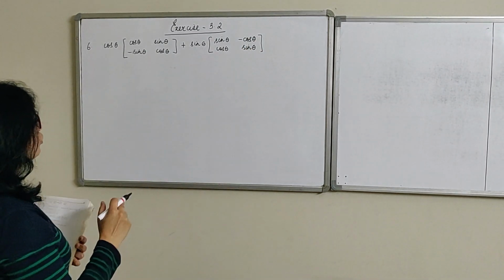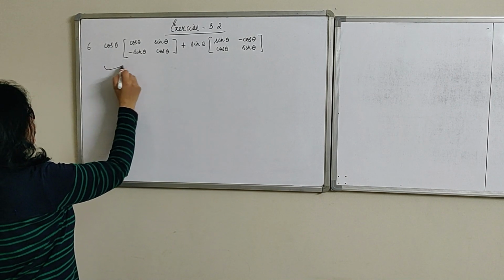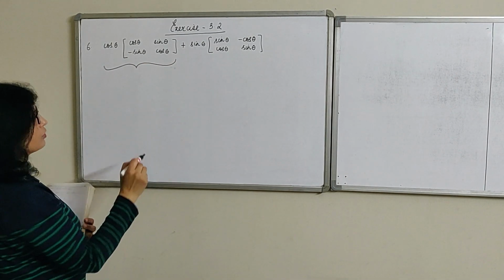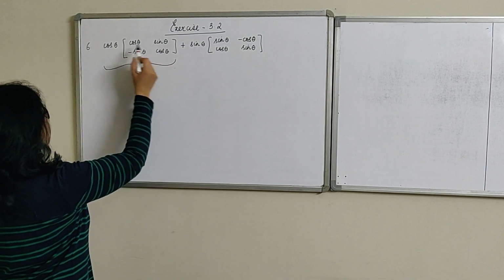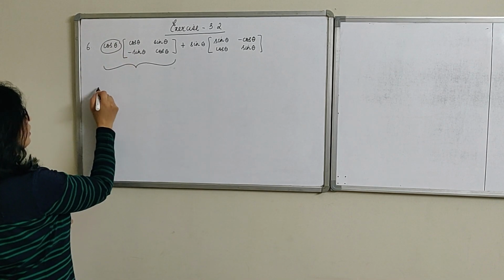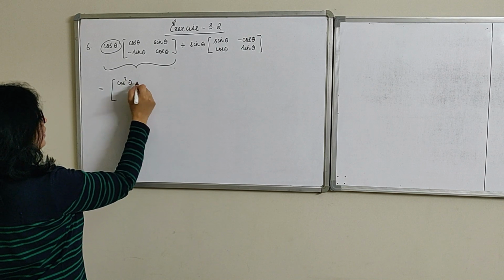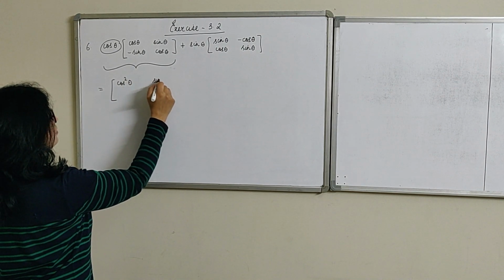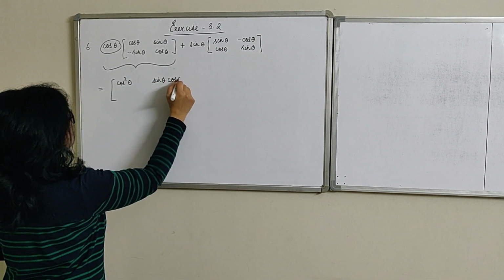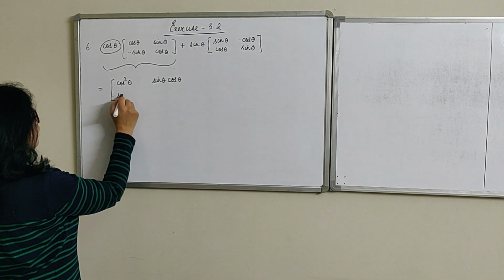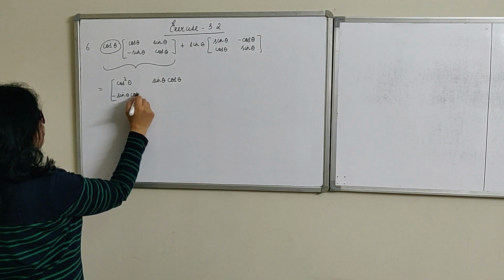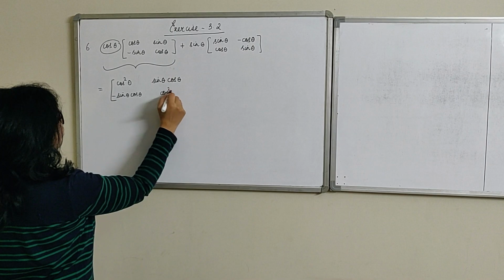In this question, first of all, we are going to use the concept of scalar multiplication, which means each element of the matrix is to be multiplied by cos theta. So the elements are now cos square theta, sin theta into cos theta, minus sin theta into cos theta, and cos square theta.